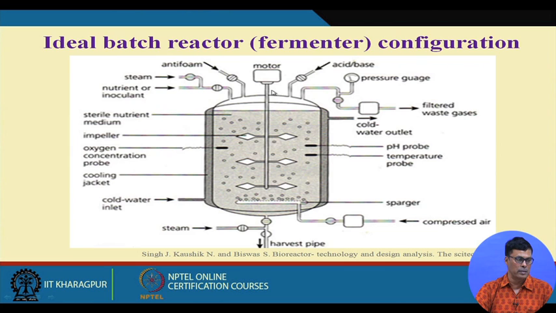There will be a mechanical seal, and this mechanical seal is very crucial for any biochemical industry, because I told you in the very first lecture that the basic difference between chemical and biochemical processes is that in biochemical processes we mostly maintain sterility in the reaction mixture. Why sterility? Because we want to grow a desired organism inside the reactor. We don't like to grow any organism other than our desired organism.